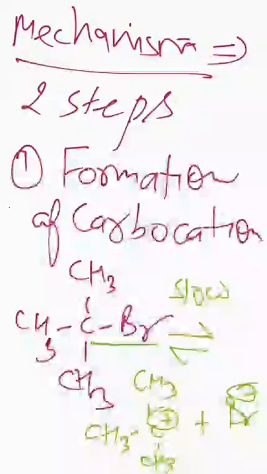This bromide ion is a nucleophile. What happens in this step is that the bond between the carbon and the halogen atom gets cleaved, and the electrons of this bond are taken away by the halogen atom, which leads to formation of a carbocation and a nucleophile. This is a slow step, and this is the rate determining step for this reaction.